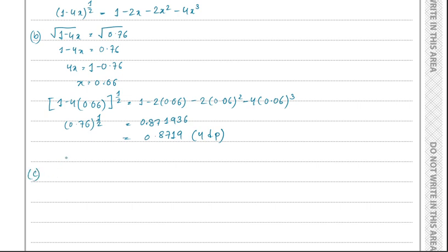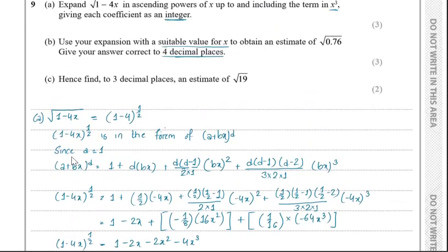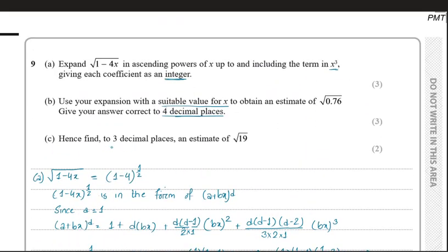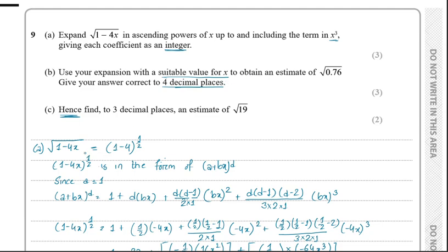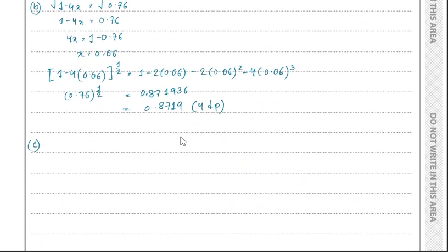Part C. We are asked to hence find to 3 decimal places an estimate of root over 19. The word hence is used, so we have to use a previous part. So for root over 19, I think we should try with root over 0.76 and try to do something with this. So root over 0.76 can be written in this form as well, right? 76 by 100.